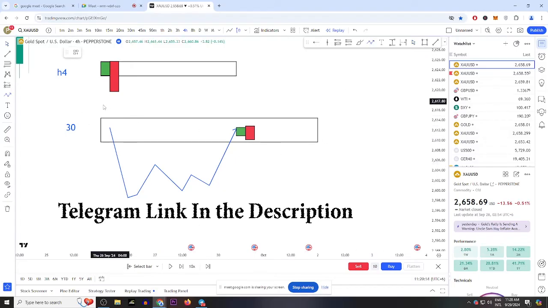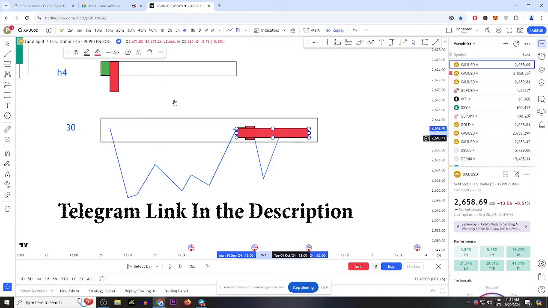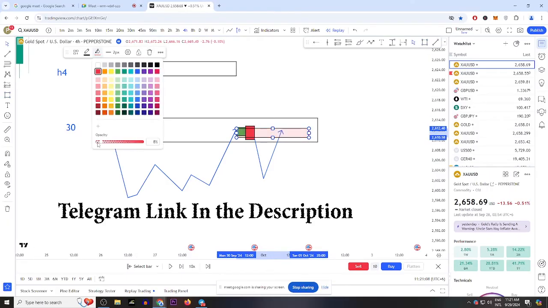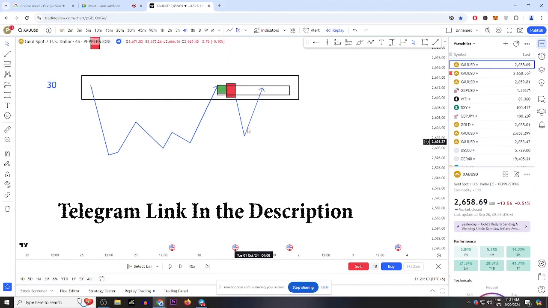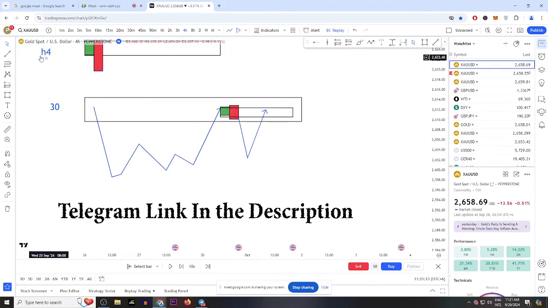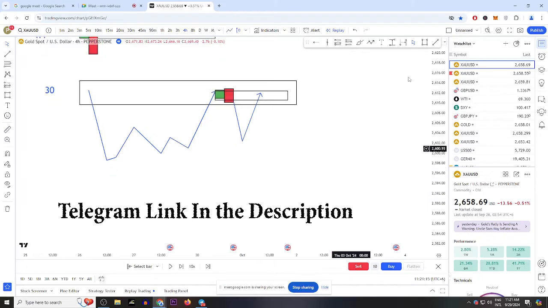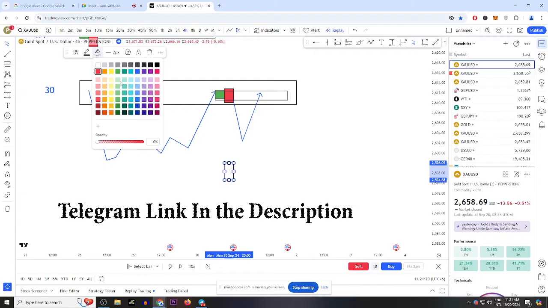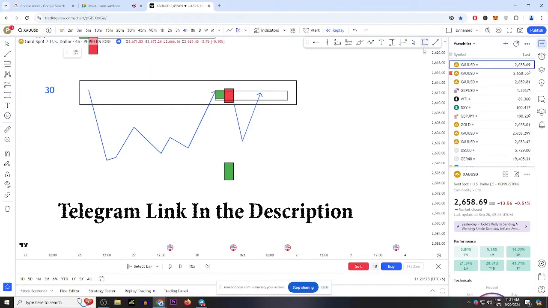After 30 minute, the market goes back to the H4 area, and you will see the market come down again. Once it goes back there, this 30 minute plays a very big role in execution. So we are in an H4, we come down to 30 minute, then we go to either 15 minute or 5 minute to look for an entry.